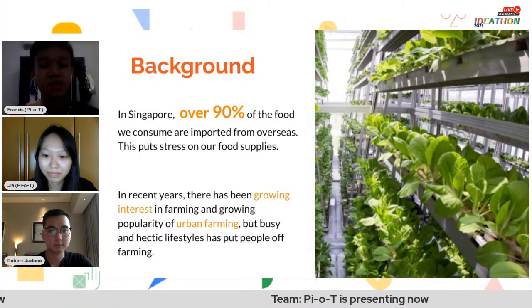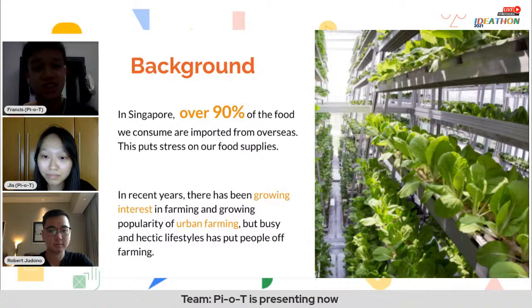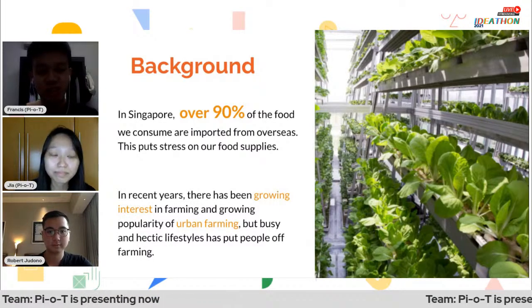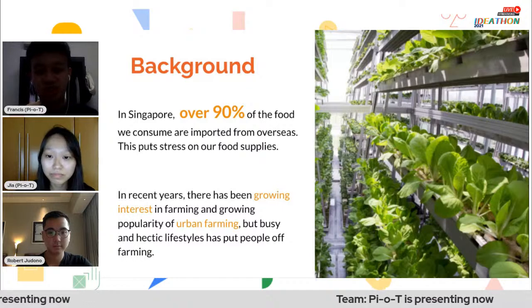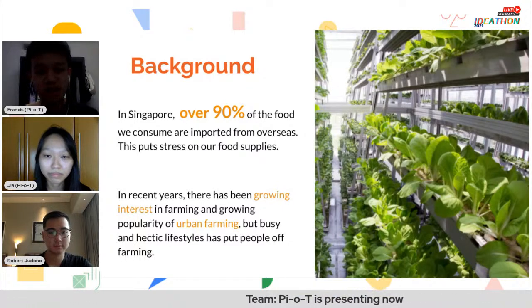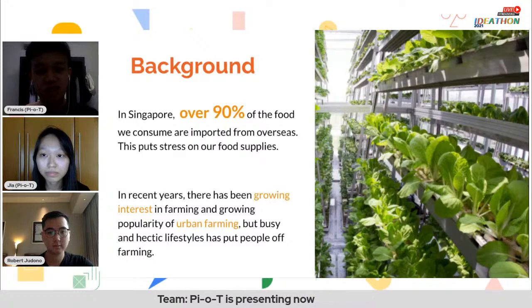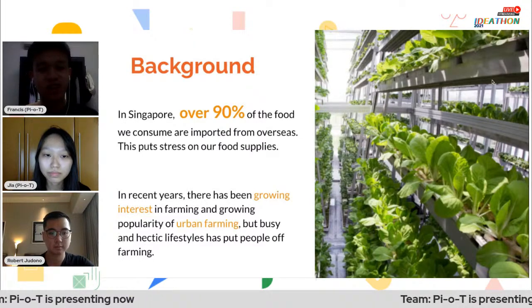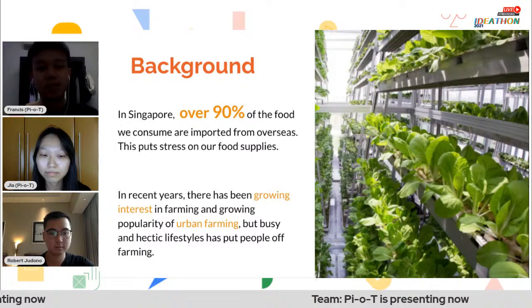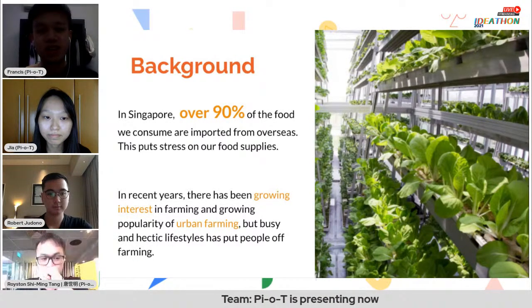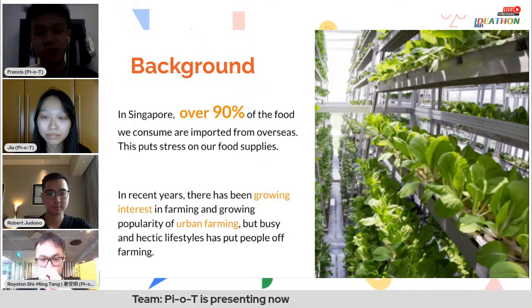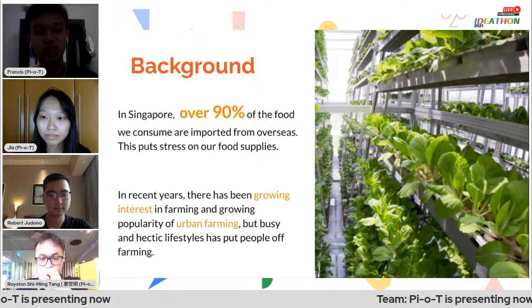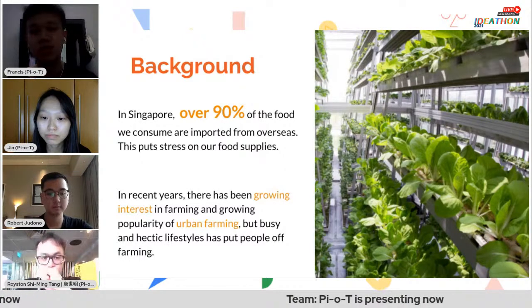In Singapore, 90% of the food that we consume is imported from overseas, which causes a lot of stress on our food supplies. But in recent years, there has been growing interest in farming and growing popularity of urban farming. However, people are put off by it because of busy and hectic lifestyles, so they don't have the time and energy to commit to this hobby.